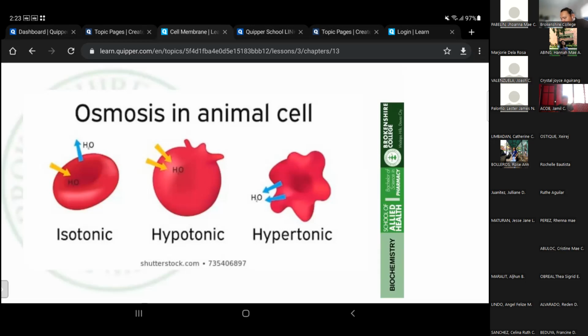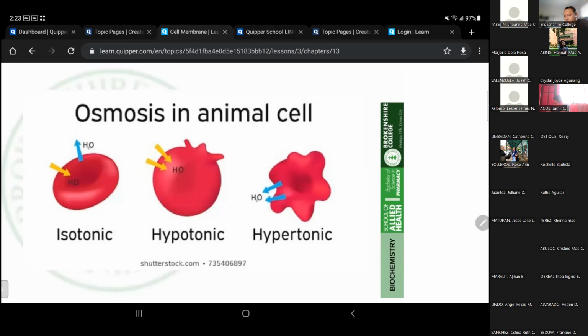Pag hypotonic at saka hypertonic ang nangyayari sa solution, kasi it tends to damage, for example, since it's IV, it tends to damage the RBC. So with that, for isotonic, equal concentration of water in and outside of the cell.